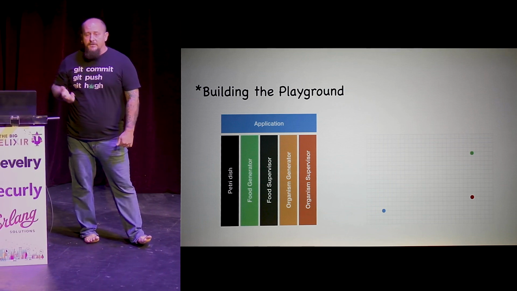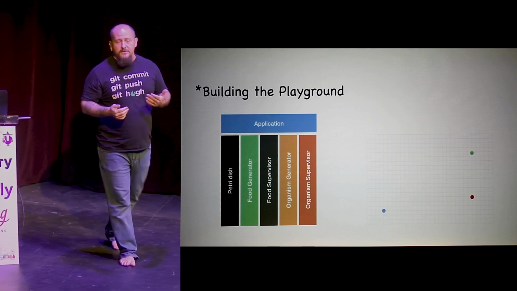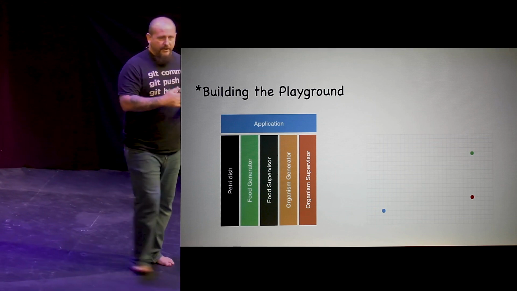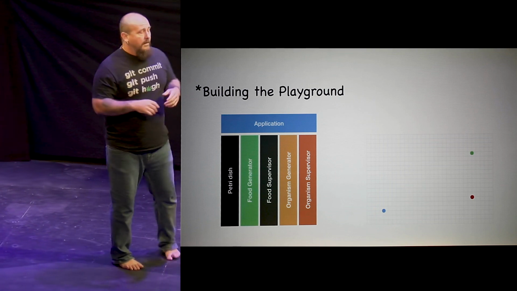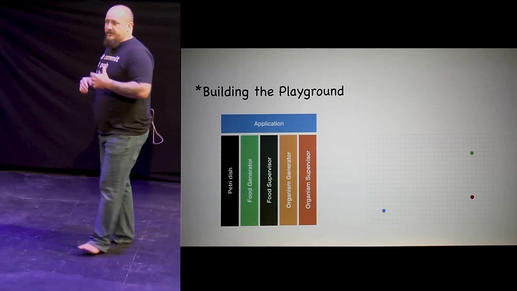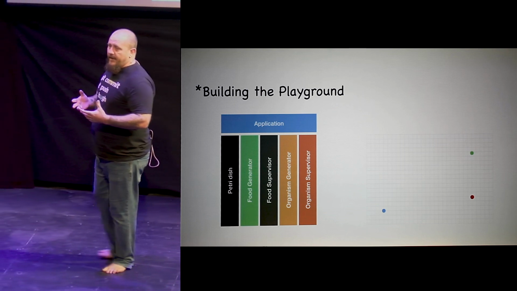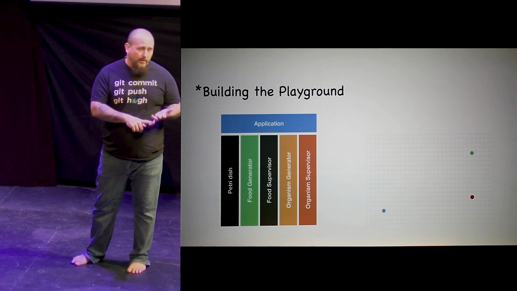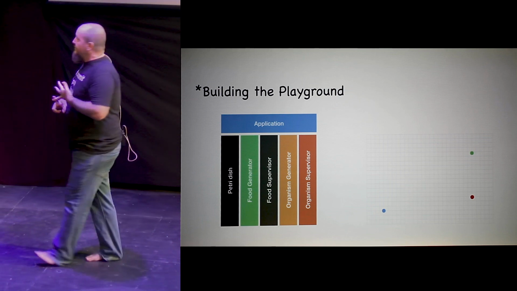The food supervisor, which is actually a dynamic supervisor, allows me to create transient processes. That's actually going to be my food. Also, the organism supervisor is a dynamic supervisor, so it creates transient processes, because remember, these things spoil, food spoils, and organisms die.